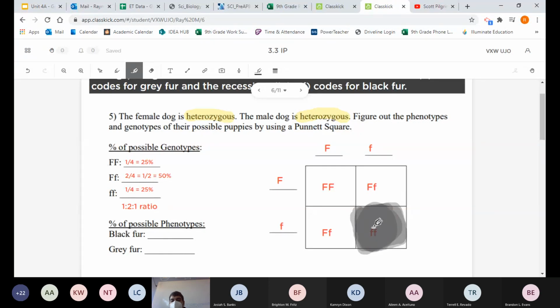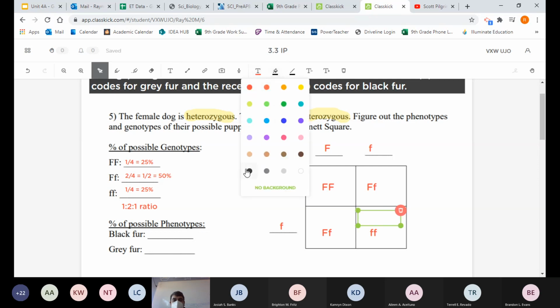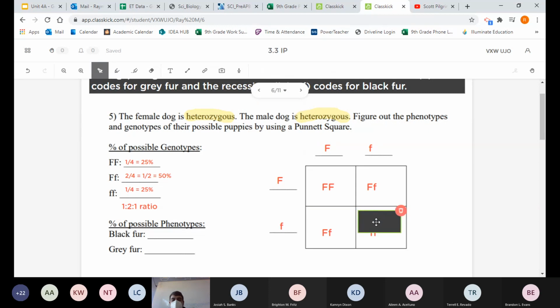Does it look like it's black yet? You know what? That's too much work for not a good result. We'll just go like this. Yep. This is going to be black. Everything else then is going to be gray.